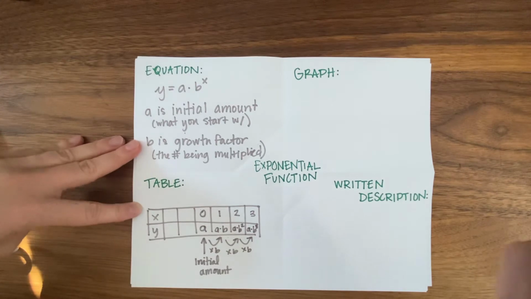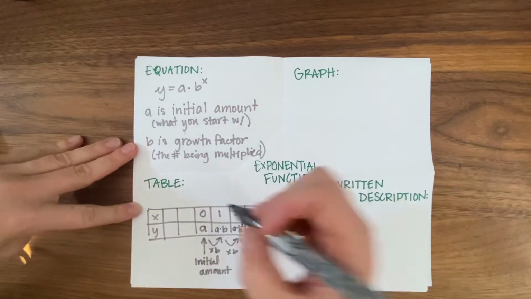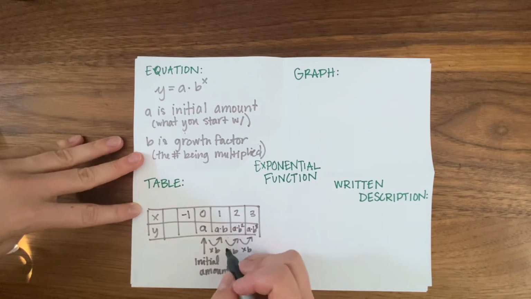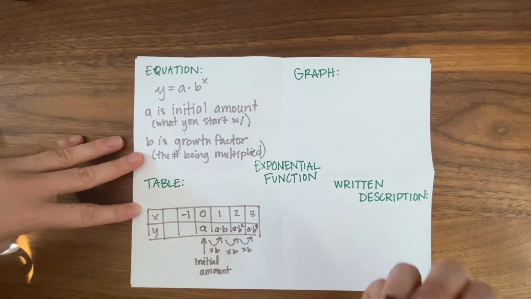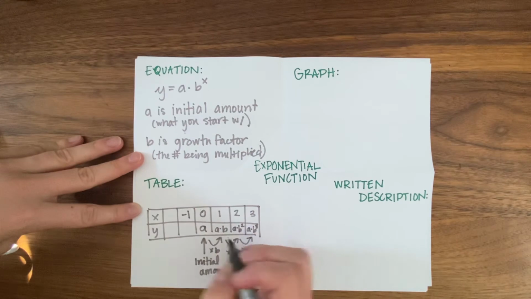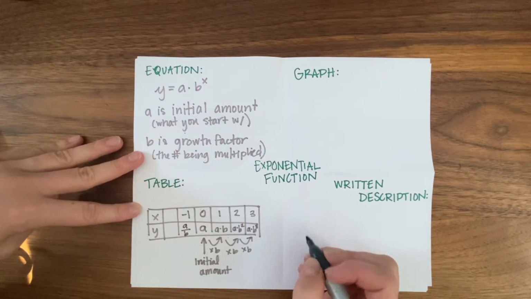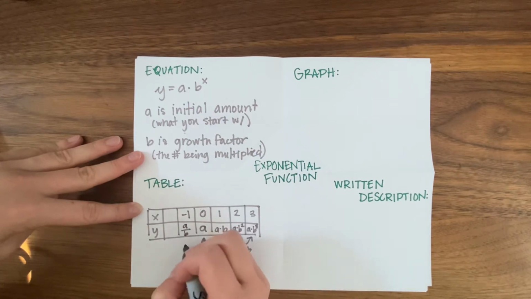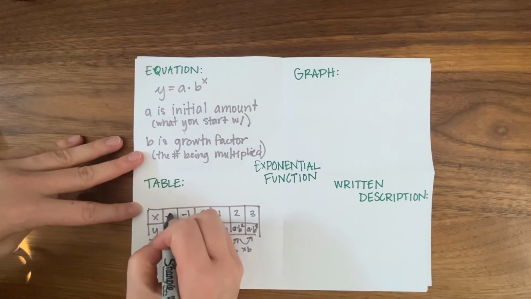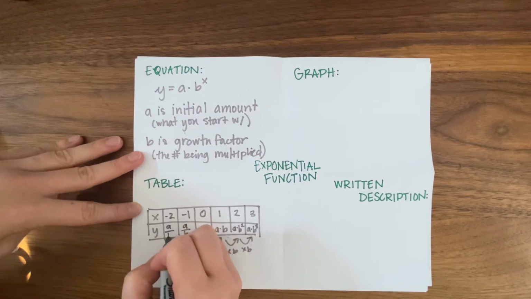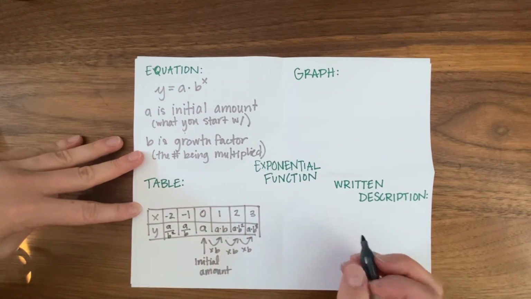And if we were to move backwards in the table, if we were going to go back 1, we would do some division, right? Because the inverse of multiplication is division. So we would have a divided by b. Another way to think of this, well, we'll get there another time. And if we were to go back again, we'd have a divided by b squared, right?